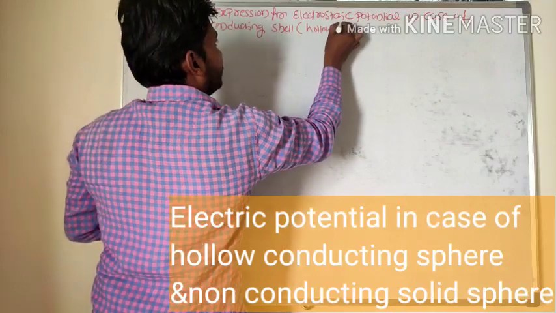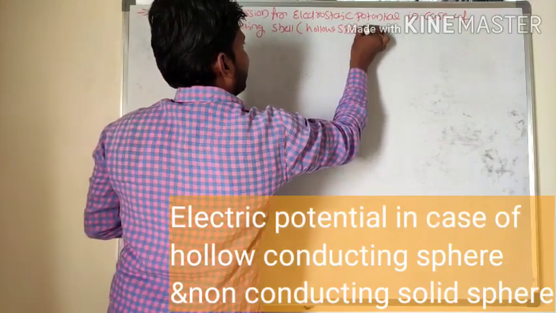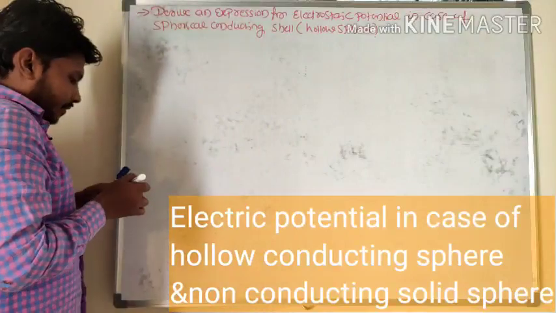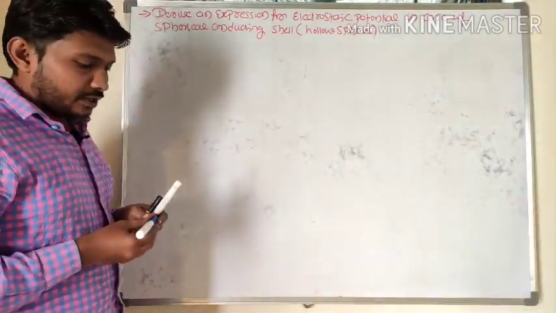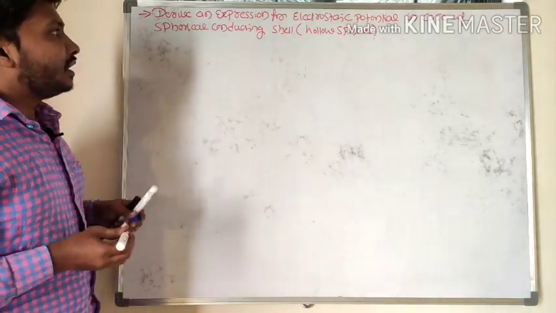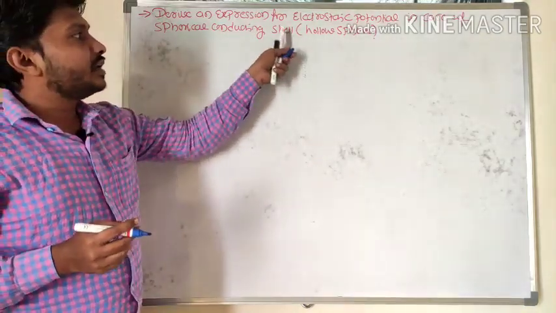So this one is a hollow sphere here. Now I would like to derive an expression for the electrostatic potential of a spherical conducting shell. That sphere is a hollow sphere I will consider here.